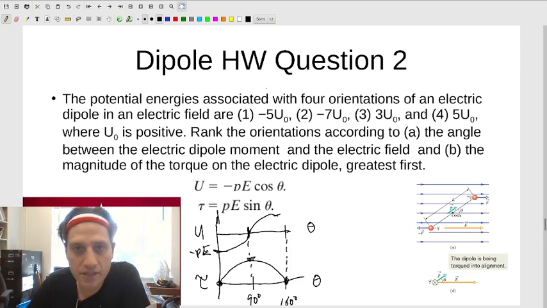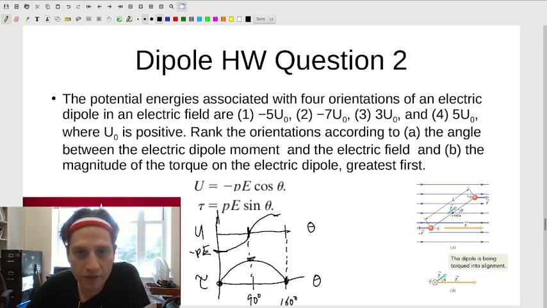Okay, so it says you have a minus 5 u naught, minus 7 u naught, 3 u naught, and 5 u naught. So my minus 7 is the biggest magnitude of the potential energy. So let's put that, it's going to be somewhere here. That's my minus 7 u naught, that's my 2.